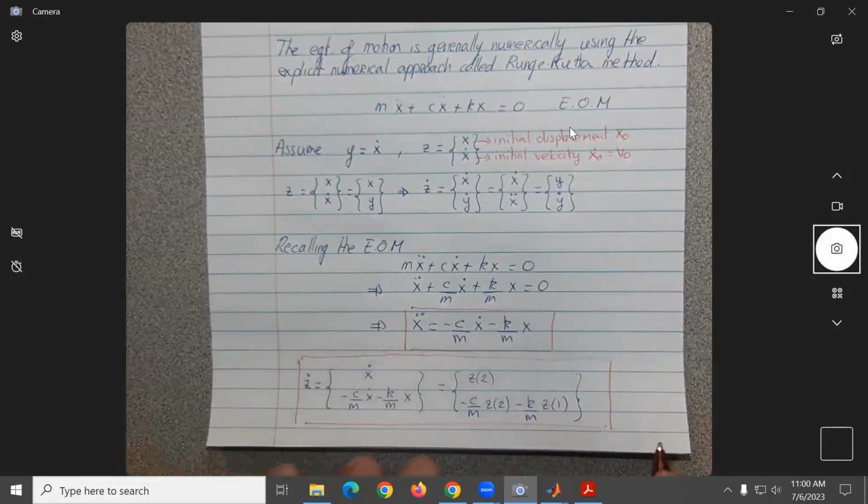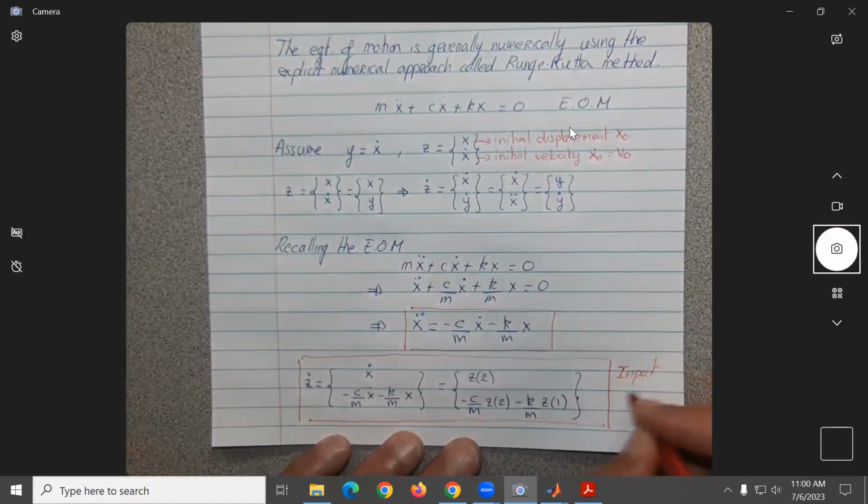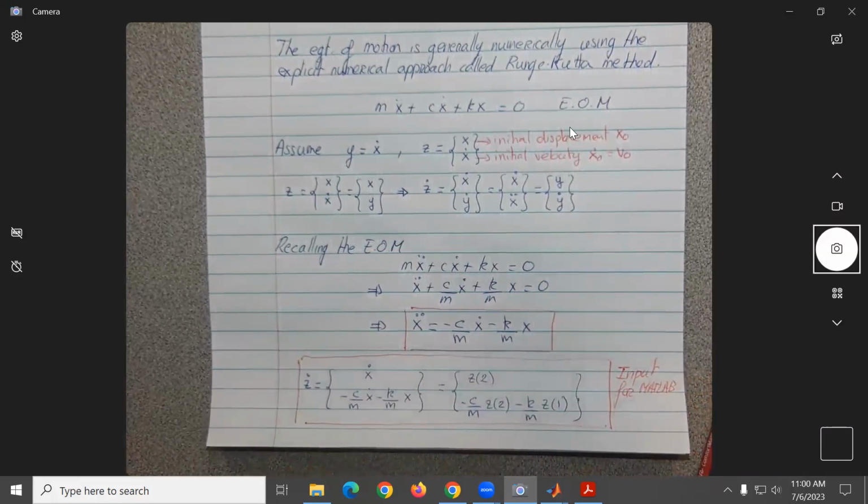Okay, so this is what is needed for MATLAB. This is the input for the MATLAB solution, and that's what we're going to be doing now, very quick.